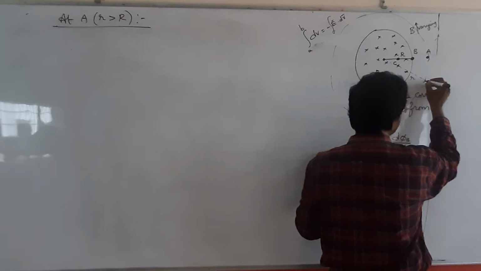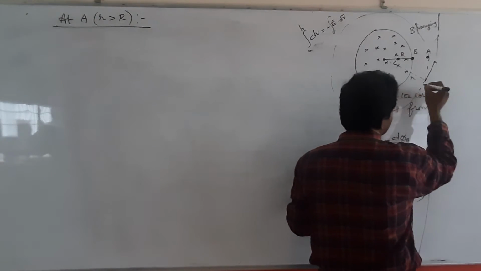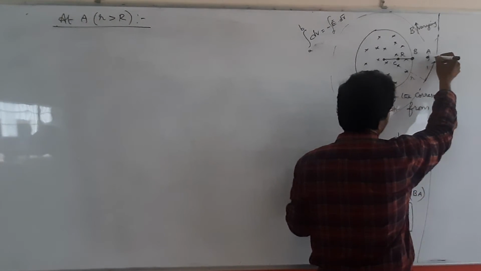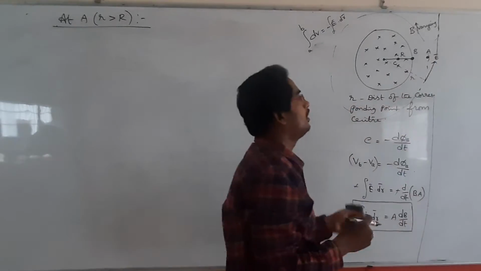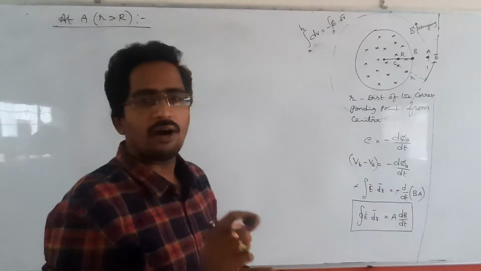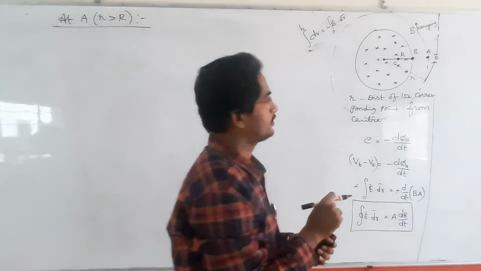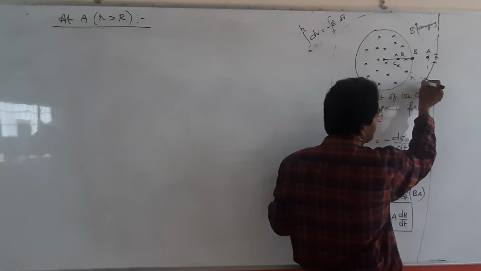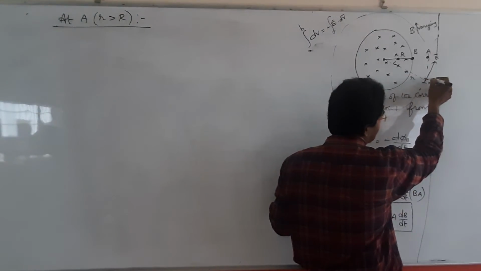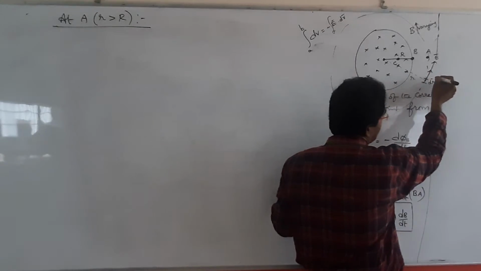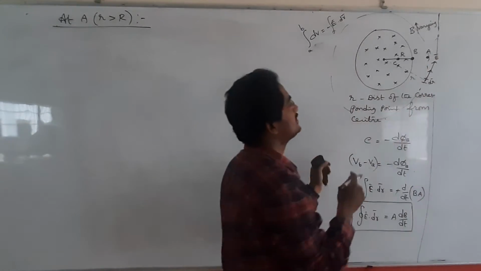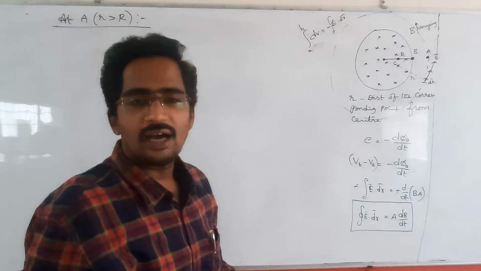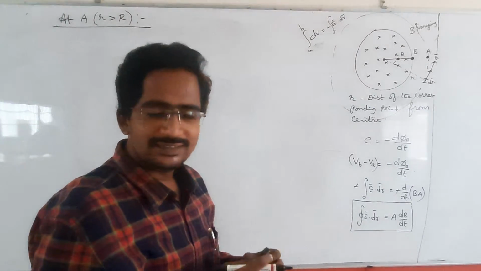So E bar is presented tangentially like this. And if you take a small element of the loop of length dr bar, that is also in this direction. So dr bar and E bar are both in the same direction.